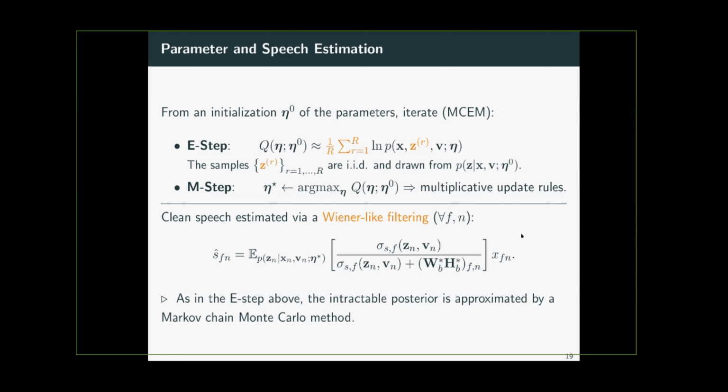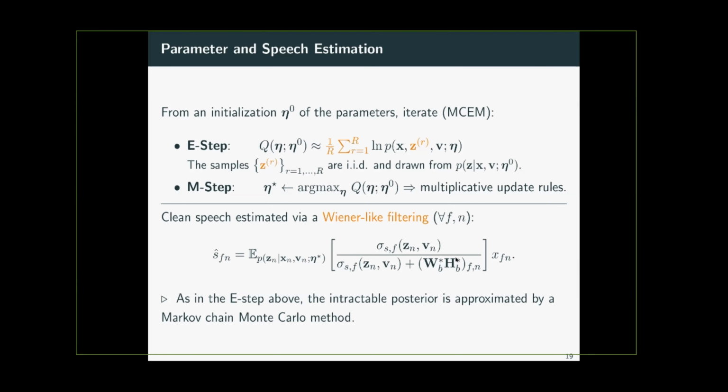So for those who have never seen a Wiener filter, this may look very strange. For those who have seen a Wiener filter, this may look very familiar. So the Wiener filtering at the end is very intuitive. It's telling me that I have a certain amount of energy associated to the speech signal. This is this sigma SF. And then I have some energy associated to the noise, which is this WH, and then I extract the FM coordinate.